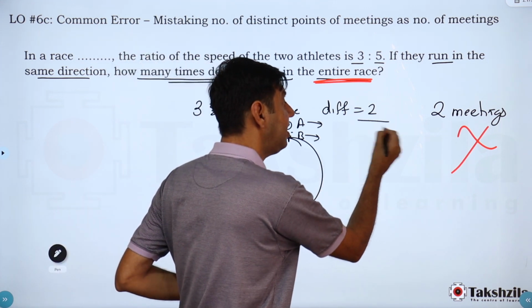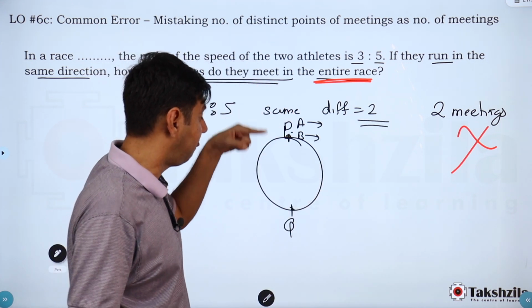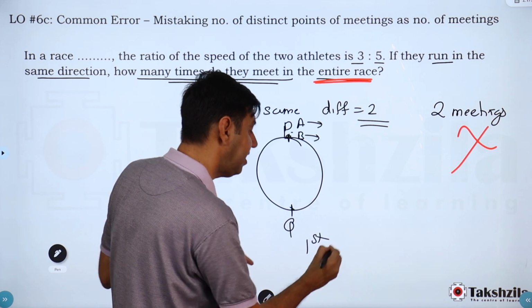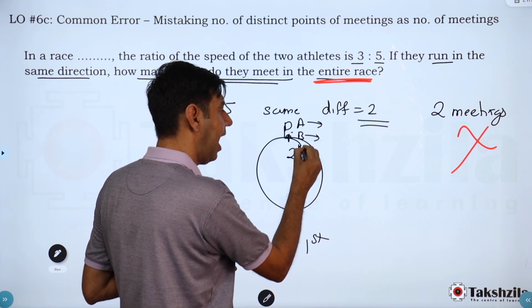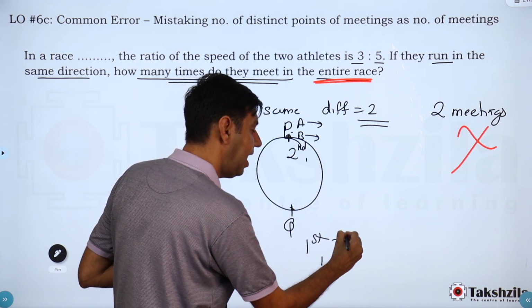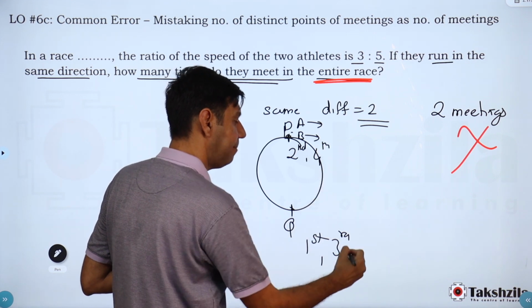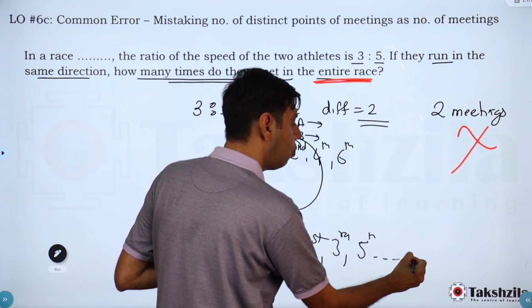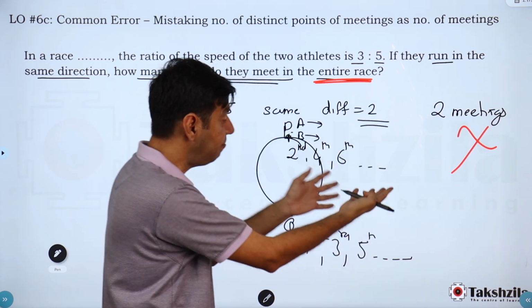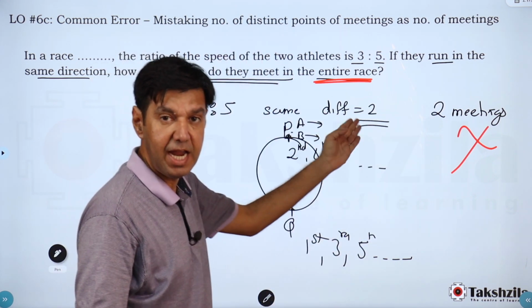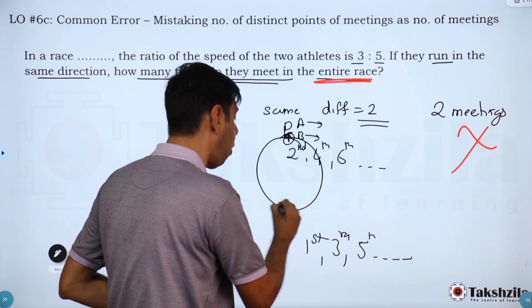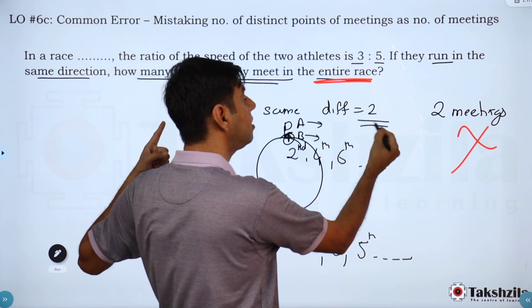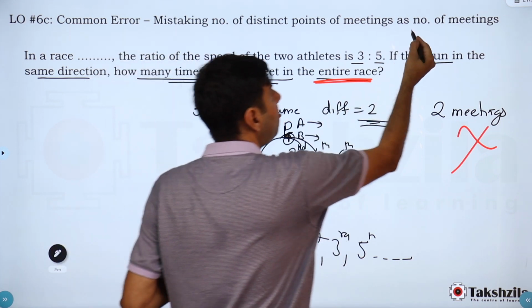But we know there are two distinct points. So the first meeting has to happen here, the second here, the third here, the fourth here, the fifth here, the sixth, and so on. So remember, the number of meetings could be a lot, 6, 7, 8, 9, in the same 2 points. So don't confuse the 2 points with the number of meetings.